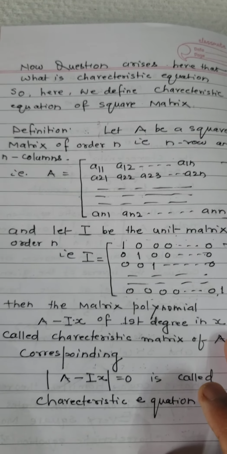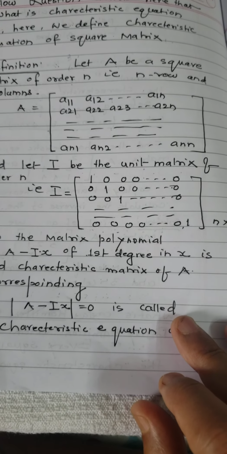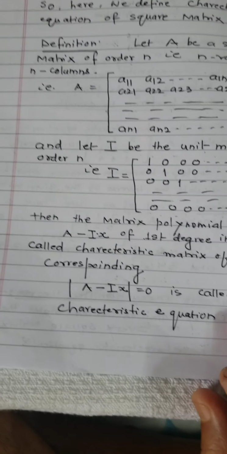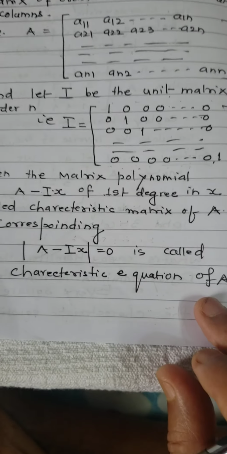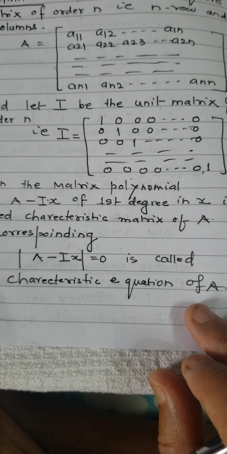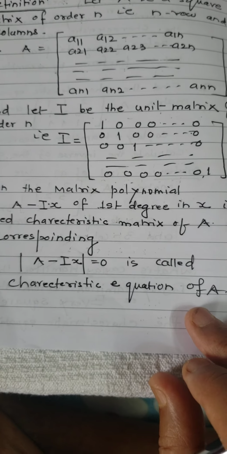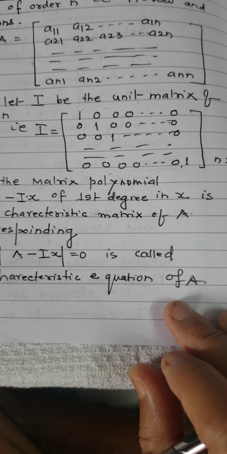And let I be its unit matrix of order n, also with n rows and n columns. Then A minus Ix, of first degree in x, is called the characteristic matrix of A, and the corresponding determinant form, determinant of A minus Ix is equal to 0, is called the characteristic equation of A.